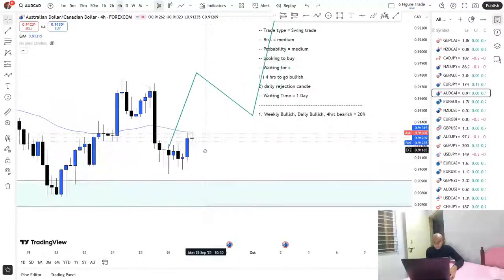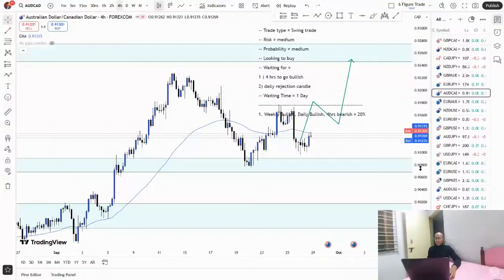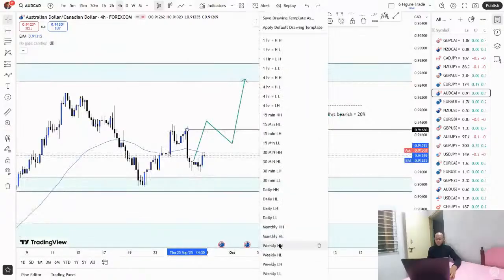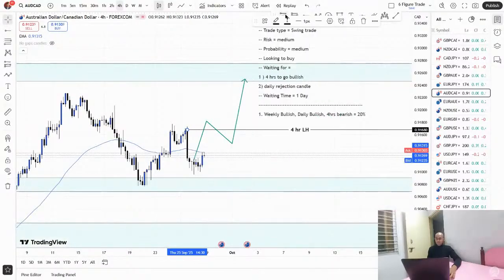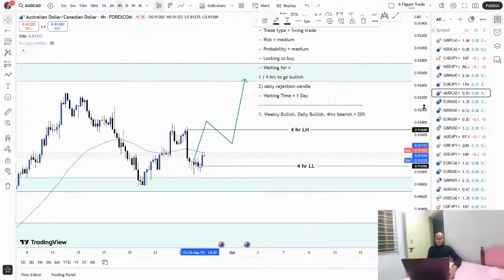Yeah, the 4 hours is bearish right now, which is the 4 hours lower high, lower high, lower high. Okay, I am able to see what is going to happen. 4 hours lower low.